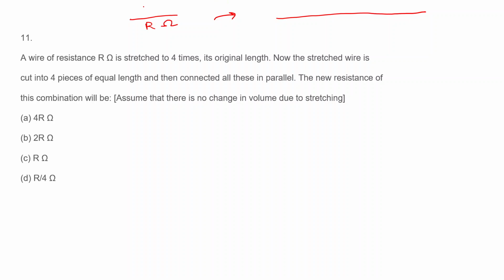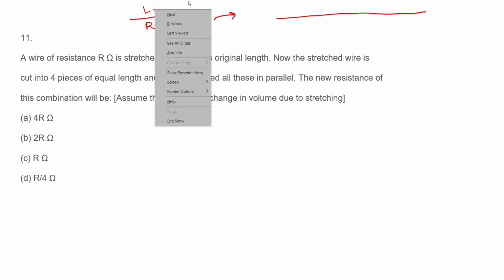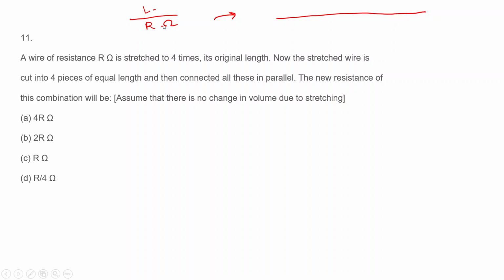Initially its length was, let's call it L0. They have not mentioned it, so we'll assume the initial length was L0, and now the new length I can call L1, and it's stretched to 4 times its original length, means this L1 is 4 times L0.